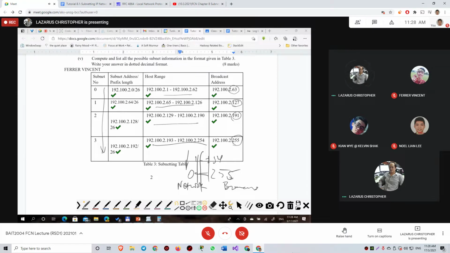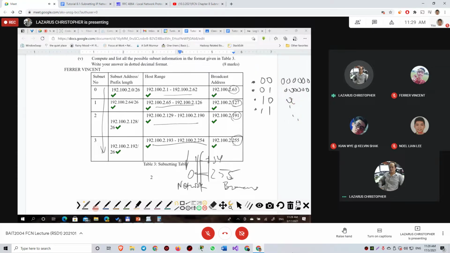Even if you borrow 2 bits, the patterns will be 00, 01, 10, 11, and so on.